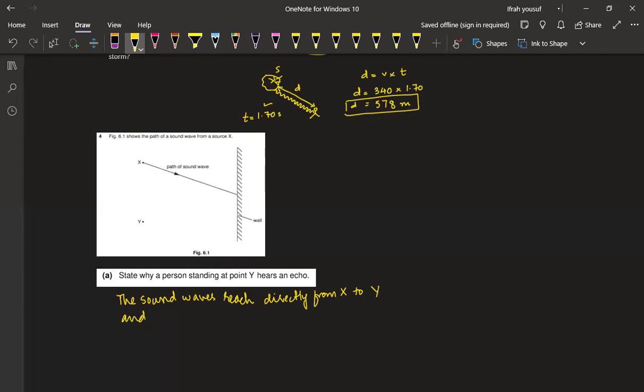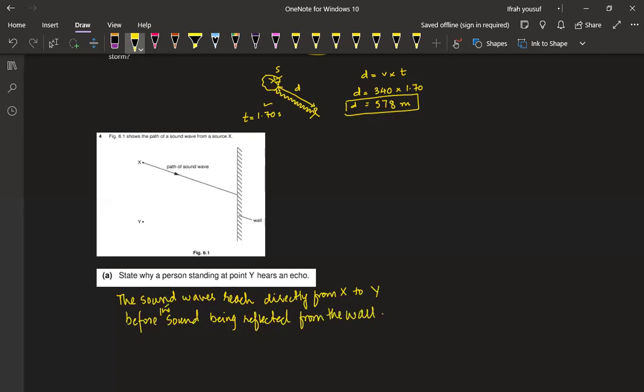And from X to Y before the sound being reflected from the wall, right?